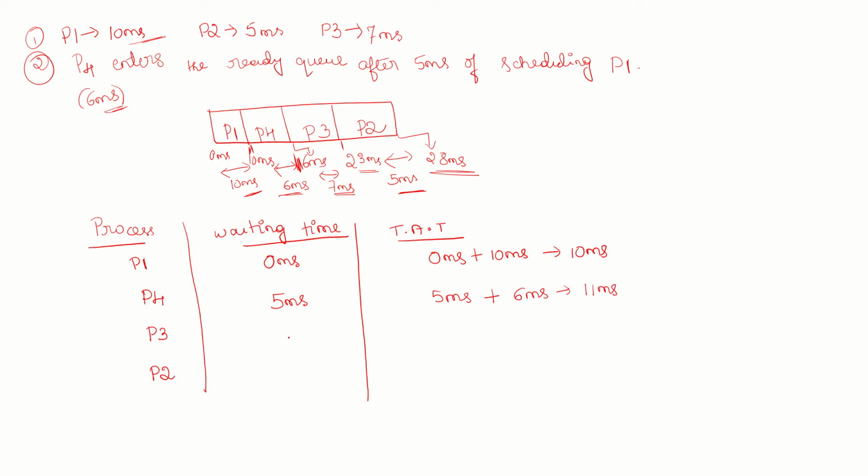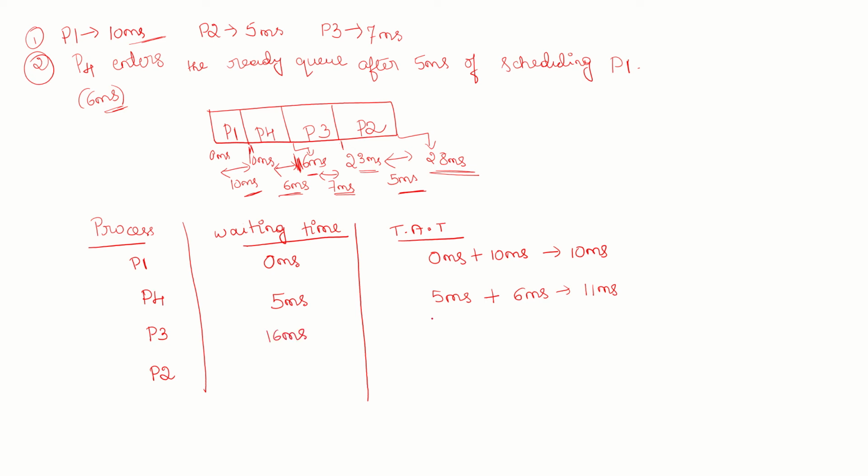Now coming to the P3. What is the time that P3 spent in the ready queue? Here if you check, P3 enters the ready queue at 16 milliseconds, isn't it? It waits until P1 completes for 10 milliseconds and P4 completes for 6 milliseconds. So totally it is 10 plus 6, 16 milliseconds.